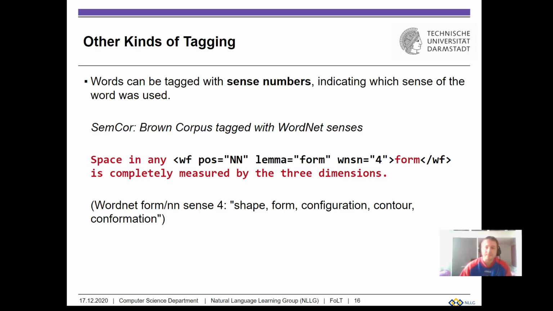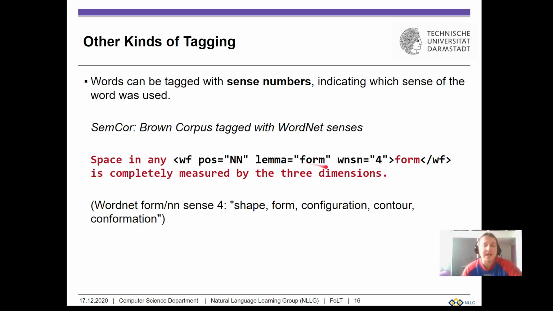For example, recall that we had WordNet, and we saw in WordNet that words are contained in different synsets, and each synset constitutes one WordNet sense. So we could say here this is the synset number 4. We could tag each word for its part of speech. In this case, the word form is a noun.